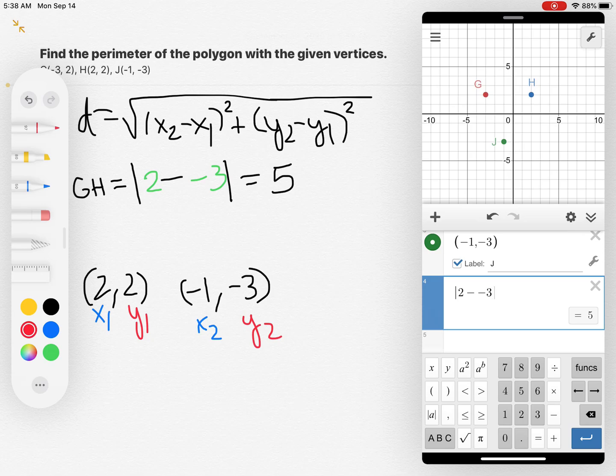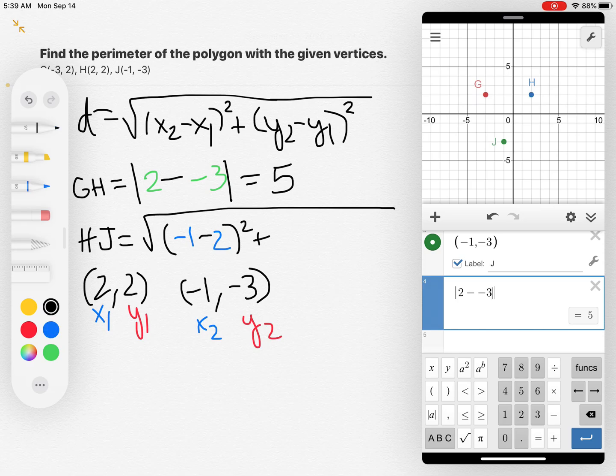So then using our distance formula, the length of H to J is going to be, let's plug those values in. x2 is -1 minus x1 is 2, parentheses squared, plus, now we've got to do it for y's, y2 is -3, minus y1, close your parentheses squared.